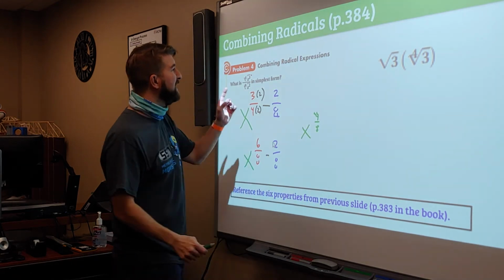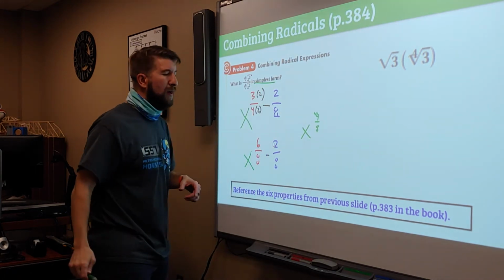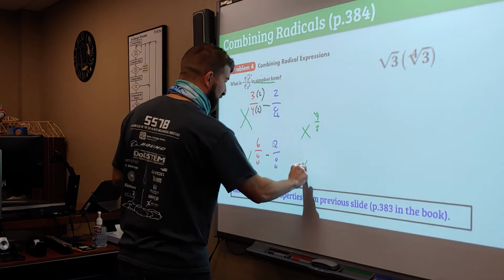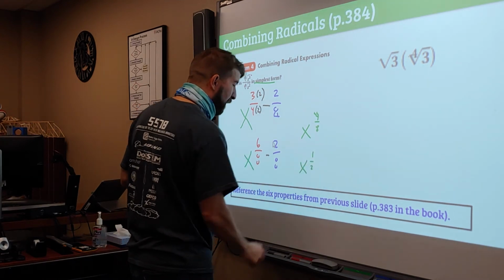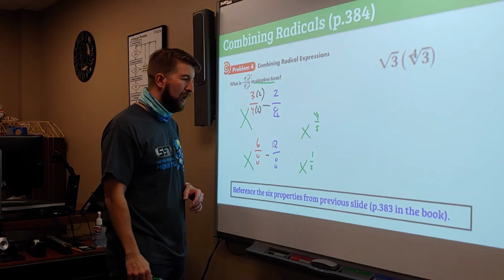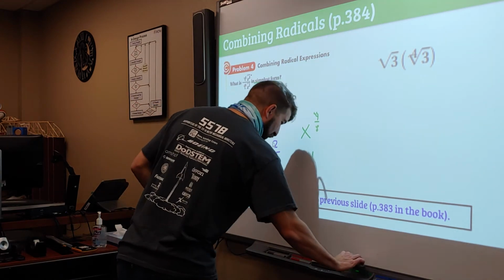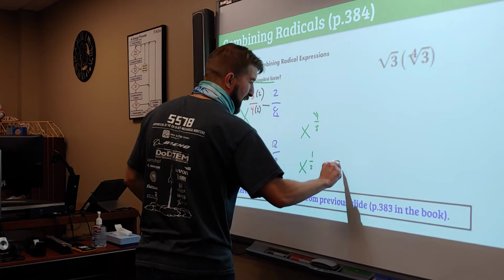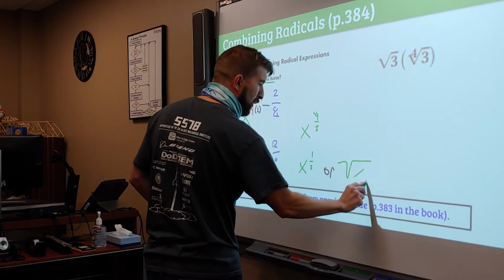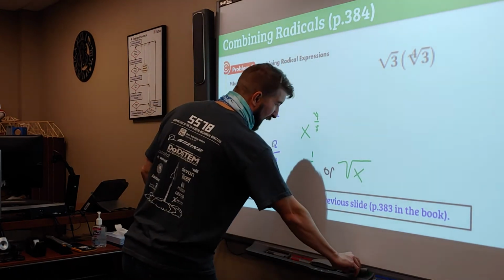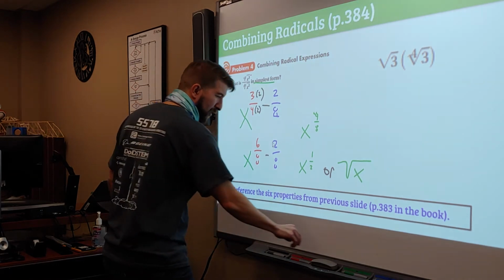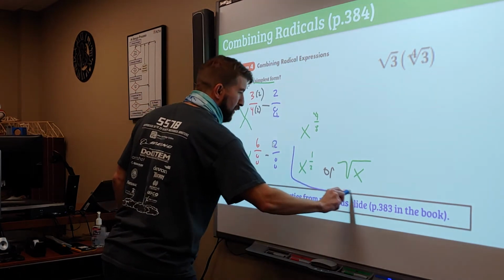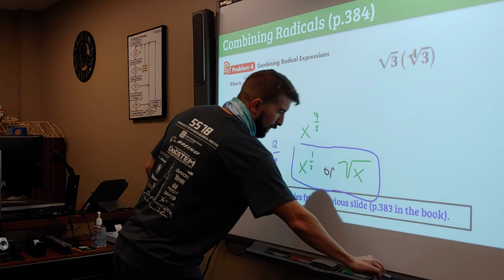But they want me to put it in the simplest form, and so I can make that x to the 1/2, like that. Or another way, if we wanted to write it in radical form, we could say that right there. So either of those would be our answer.